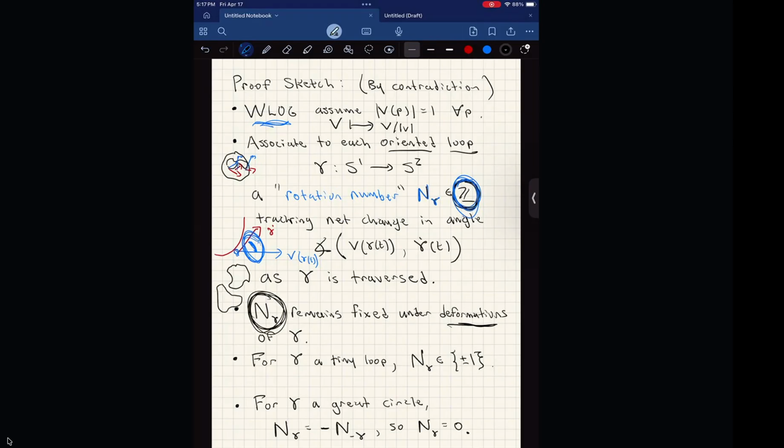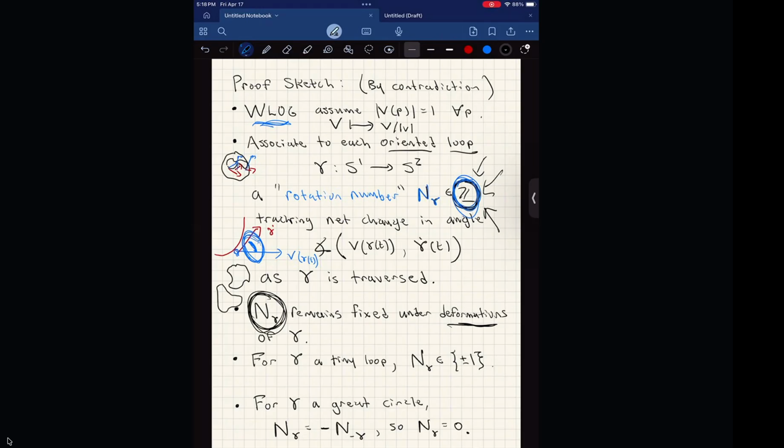The rough idea is that everything depends continuously on your parameters, but this rotation number that we're tracking is integer valued. So if we have a continuous function whose values are in the integers, it has to be constant. So if we're mutating our curve, we're not changing the rotation number.